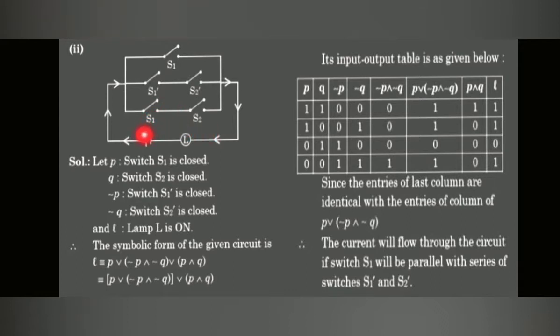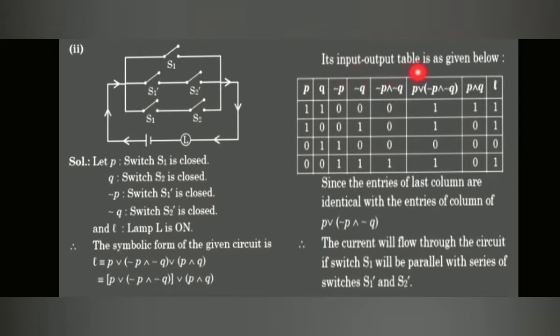In bracket write P and Q. Now again, next, these switches are written in bracket as P or negation P and negation Q. Take brackets to this statement.